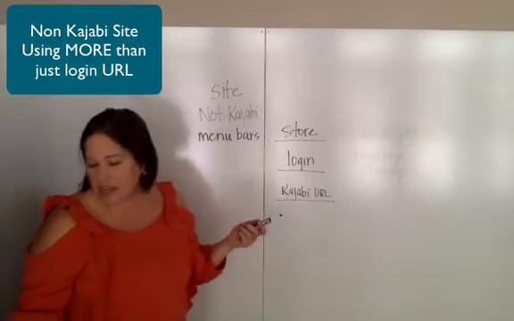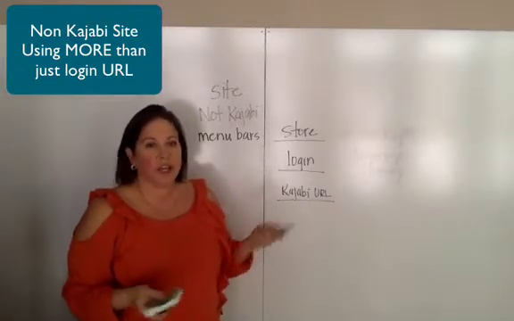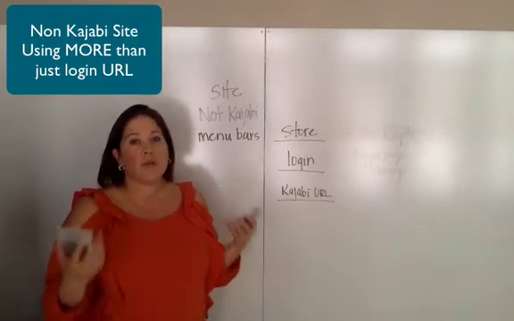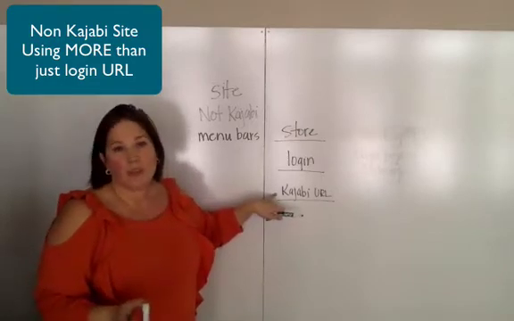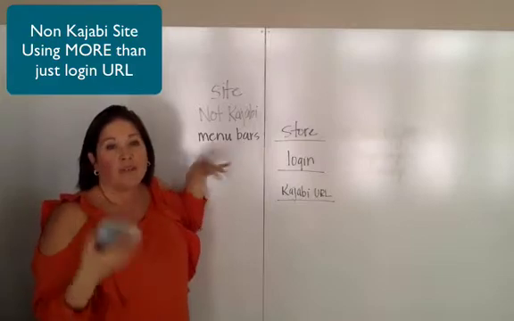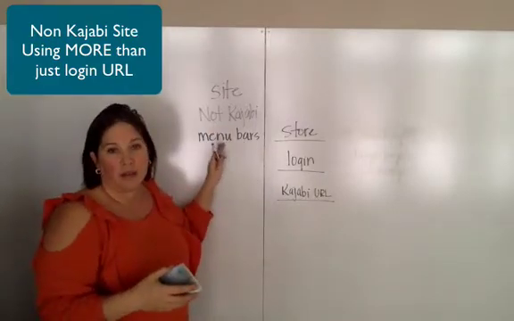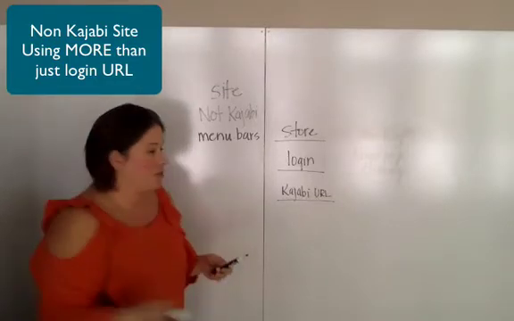You can use the store function, the login function, landing pages, pipelines, and webinars. All of those are totally fine. You're just going to grab the URLs, and the front door of your business is still coming from a non-Kajabi location. So that's the second way to use the site.